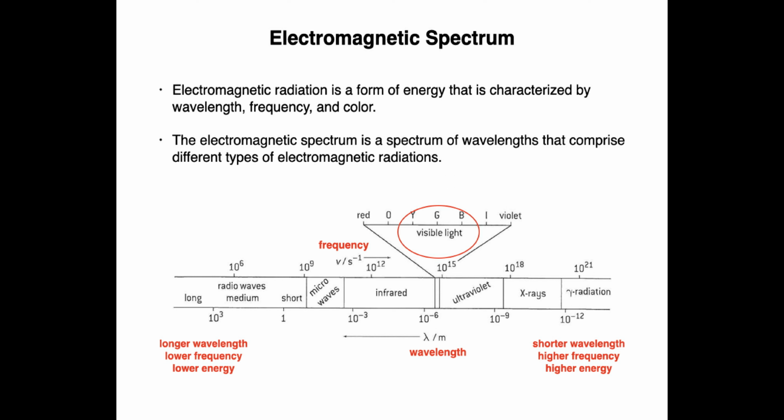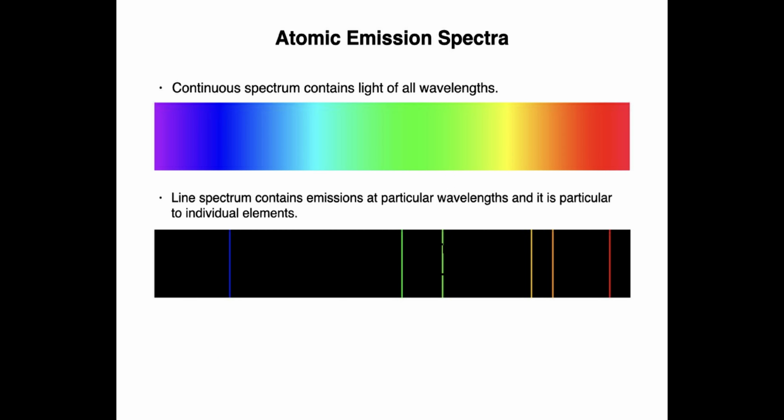Looking at the spectrum above, we can see that the waves range from radio waves with low energy, low frequency, and long wavelengths, to gamma radiations with high energy, high frequency, and short wavelengths. You can also see the visible region in the circled area.